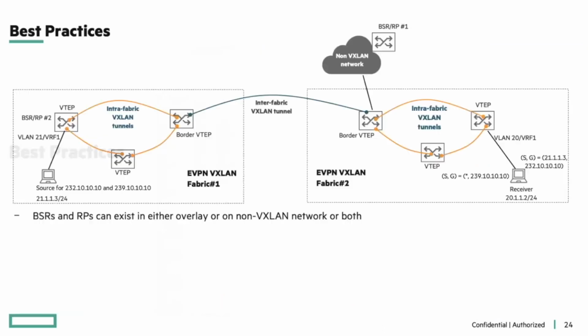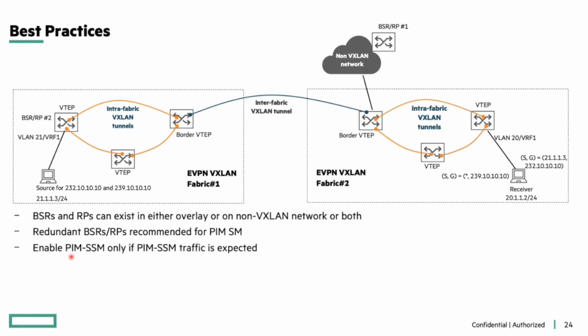Best practices. BSRs and RPs can exist in either the overlay or non-VXLAN network or both. Redundant BSRs and RPs are recommended for PIM sparse mode. And if there's no interest in PIM SSM, don't enable it, right? Otherwise, it's just additional config, loading your config file.